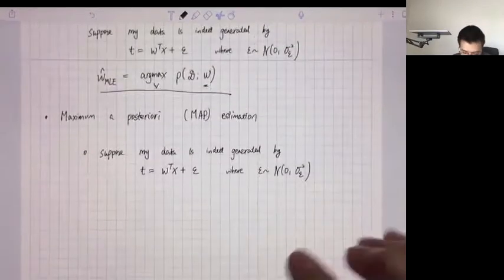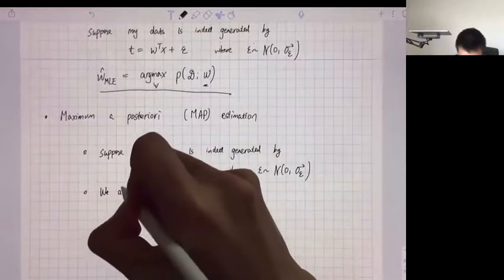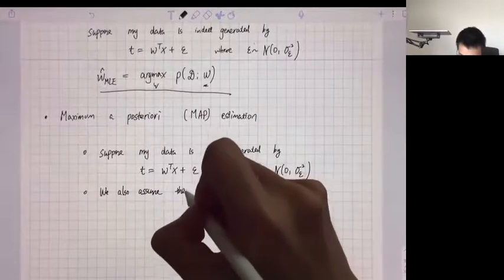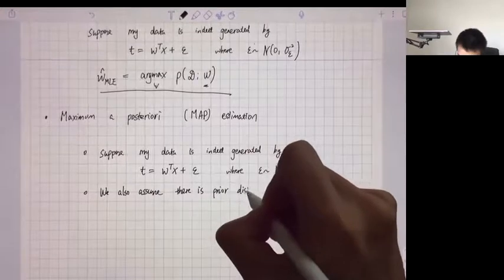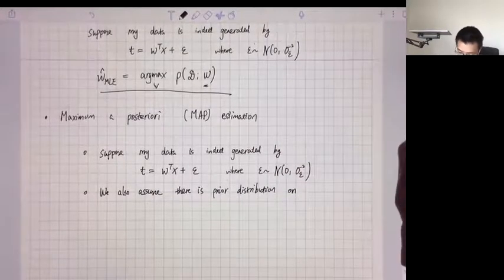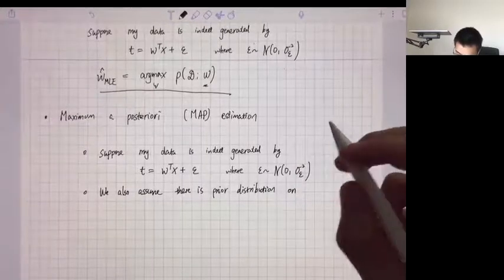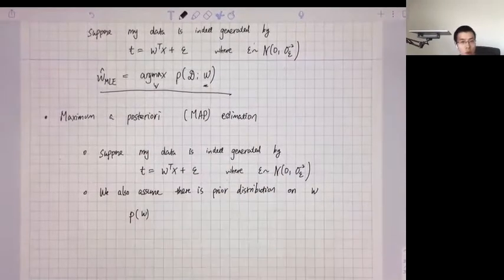Then we also assume there is a prior distribution over W, which is P of W. It's the prior distribution.